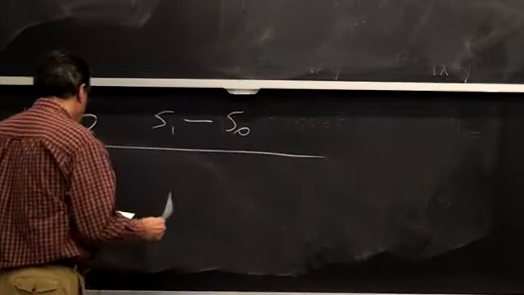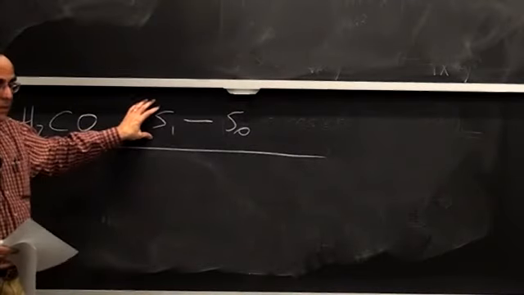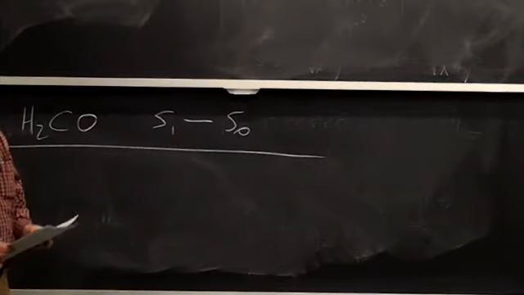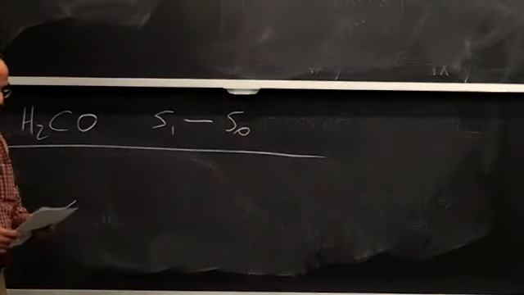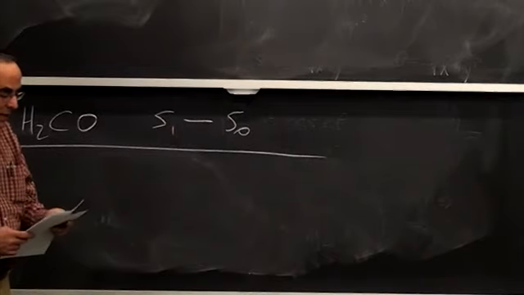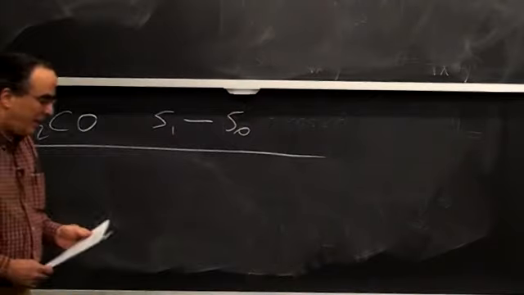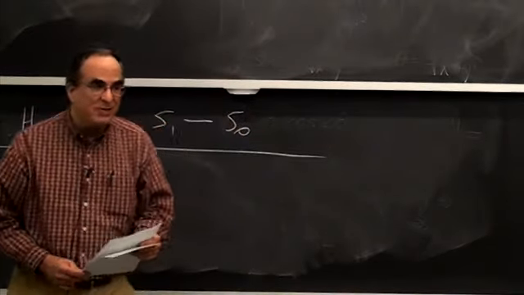The first thing we do, I should say that formaldehyde, this transition in formaldehyde was the first polyatomic molecule electronic transition that was rotationally resolved and assigned. And it was done in 1934, 25 years before the second one was done, which was acetylene.